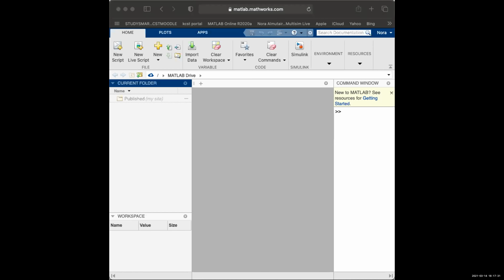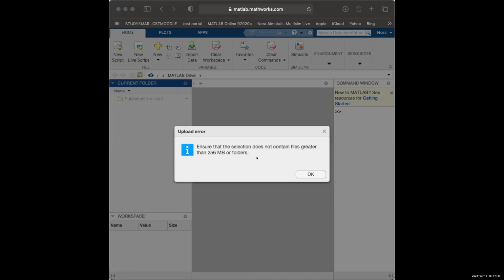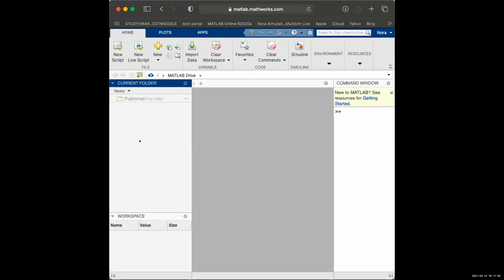Okay, can you drag that here? In the same place. Just drag and drop. That's it. Ensure that the selection does not contain files. Okay. Can you click on import data?